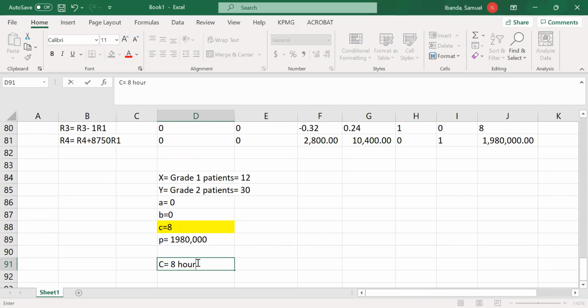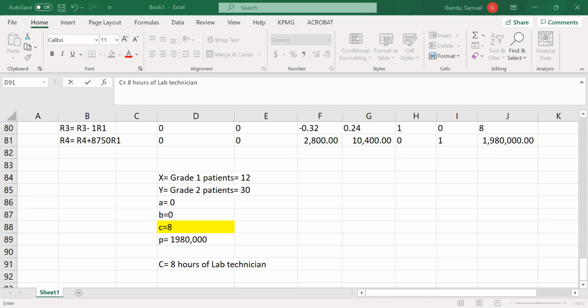These are 8 hours of the lab technician which are under redundancy in the week. So this is what you needed to do to give.